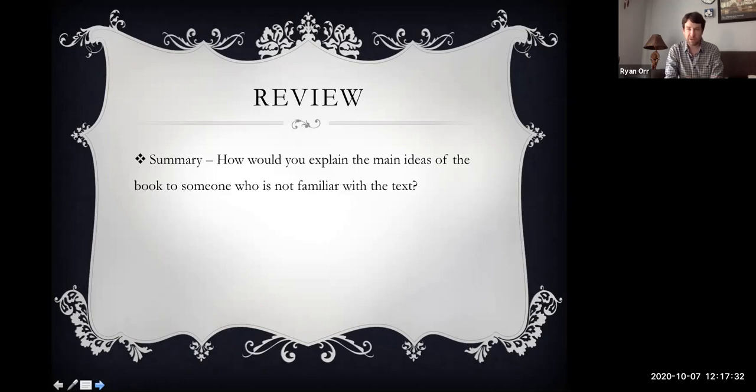Just a little refresher, you cite the text, so you use the text to not only support your ideas, but you also cite and use text to show the reader where they can go find that information in the book.